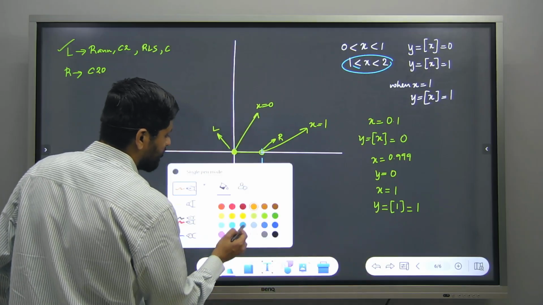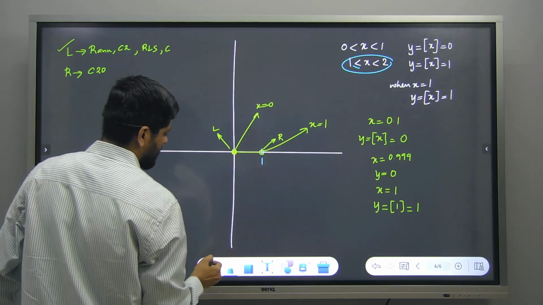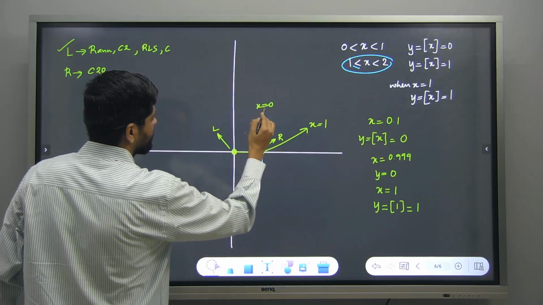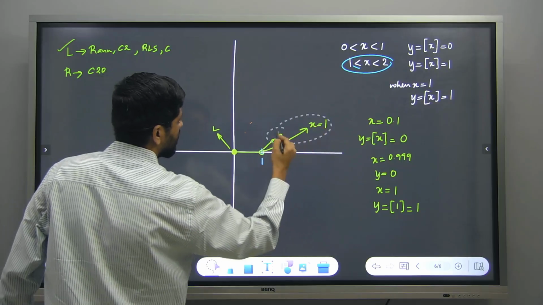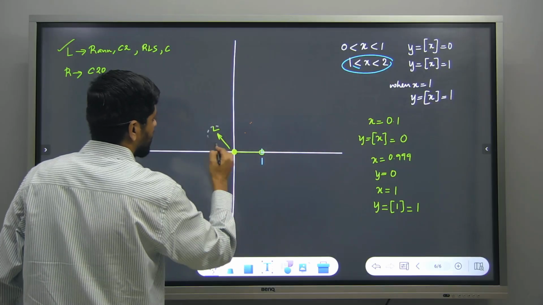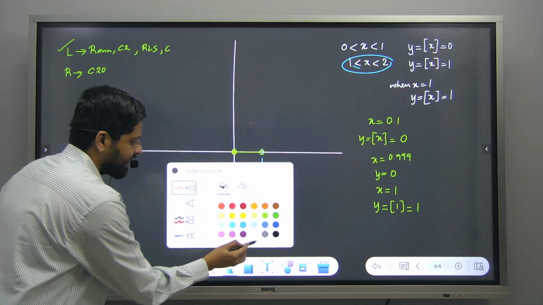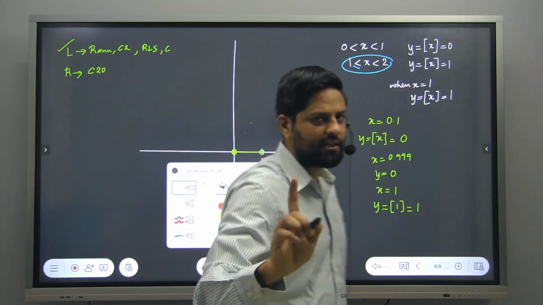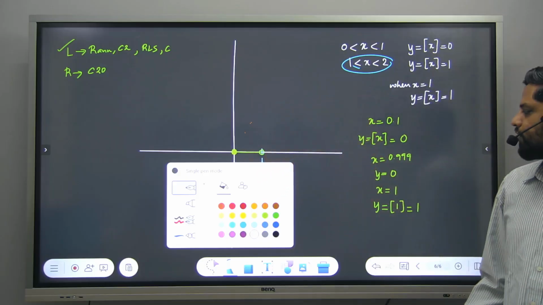I'll just quickly repeat once again. Don't get confused. Let me delete a few things and then explain again. As I told you, when x is 1, don't get confused, students, this is the last part. If you understood this well, we are done with the greatest integer function.